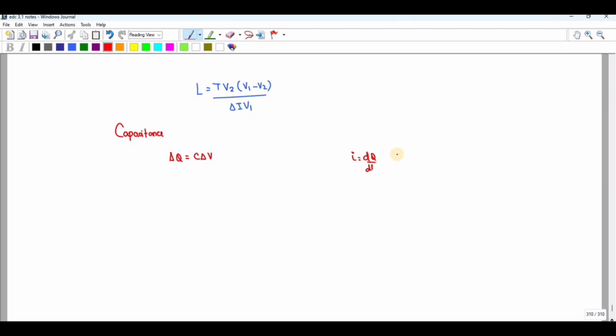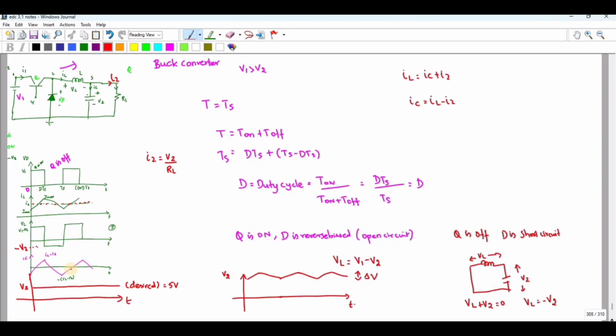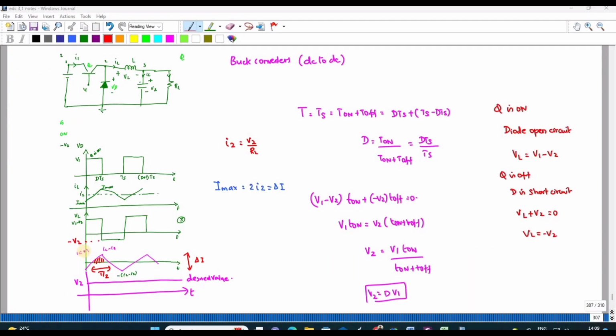So Q is the integration of I dt, which is nothing but the area under the curve. If you see this, this is your total time, this is half of your total time, and this is your del I, and therefore this height is del I by 2.